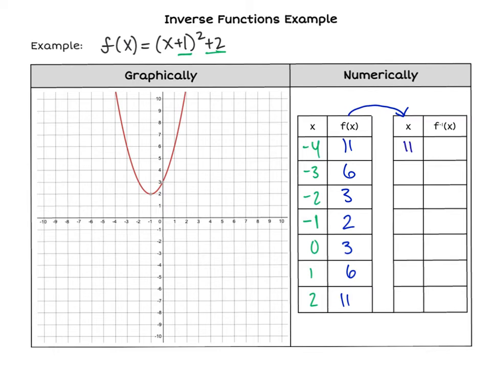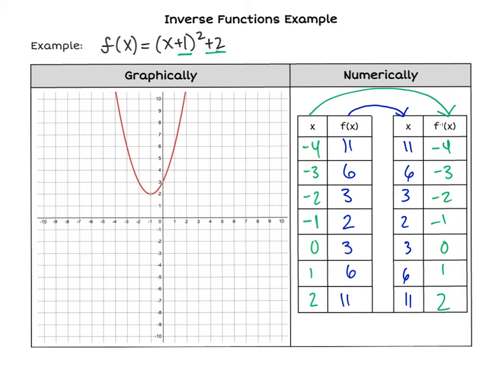So my x values would be 11, 6, 3, 2, 3, 6, and 11. And then my y values for my inverse function would just be my original x values, which would be -4, -3, and so forth, all the way to 2. And that's all you would have to do if you're trying to find these values numerically.